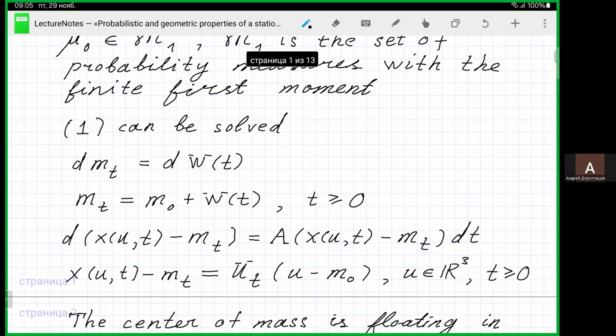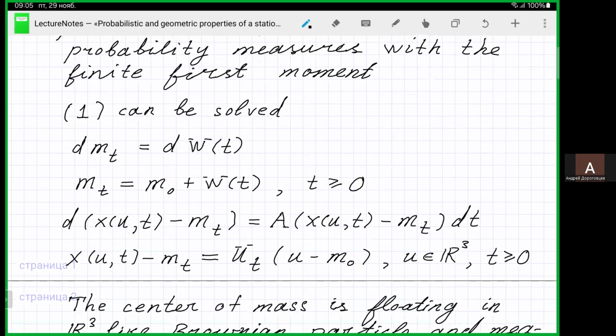And then trivially one can consider the equation for the difference d(X_t(u) minus M_t) and get the representation for X_t(u).